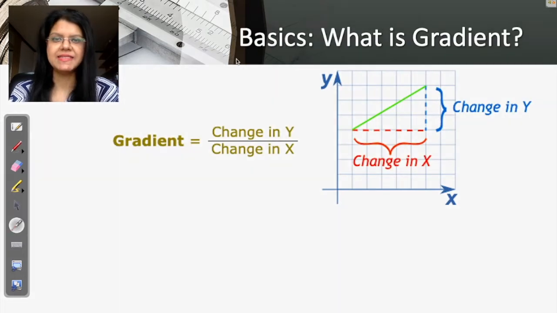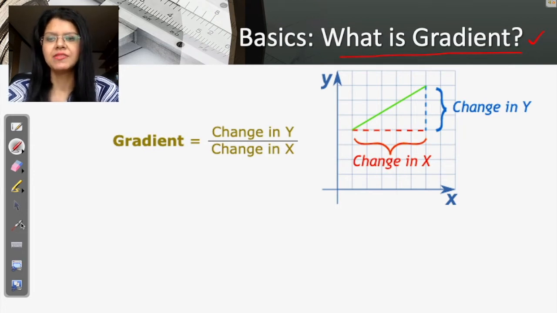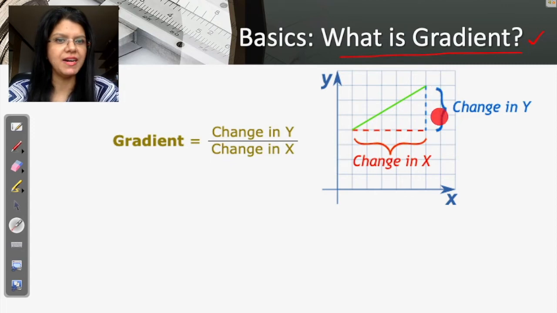So let us understand some basics about gradient. Now this is something which you all would have done in your maths. So let's quickly review it here. So what is gradient? Gradient is the change in the magnitude of y over the change in the magnitude of x. So if you are given a line, how do you find its gradient?